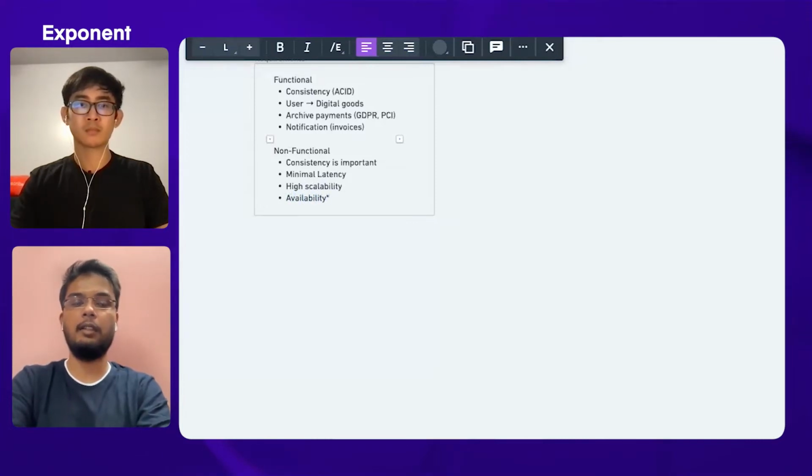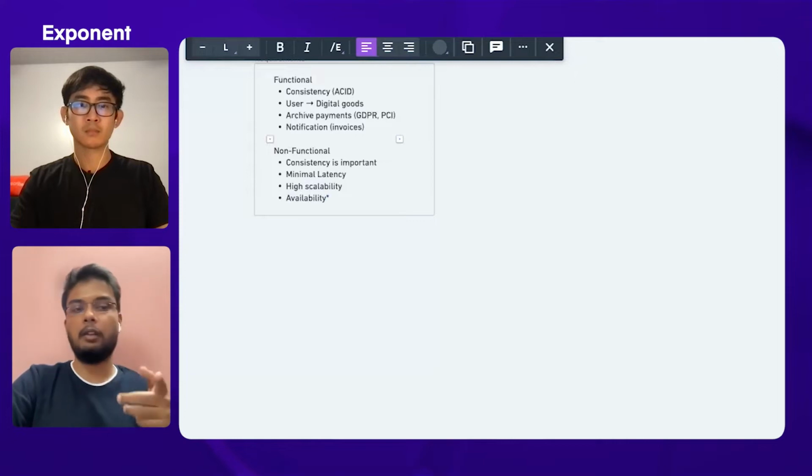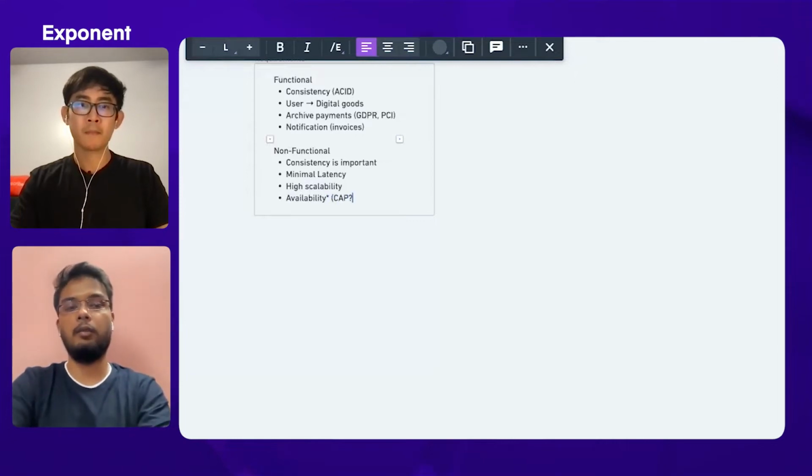But I will get back to this later, because if we have a consistent system, we have to make a trade-off with availability. I think we'll get back to that when we get into the actual design. So these are the requirements I'm thinking about.